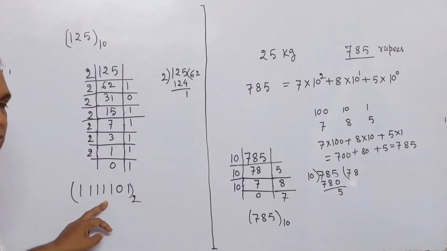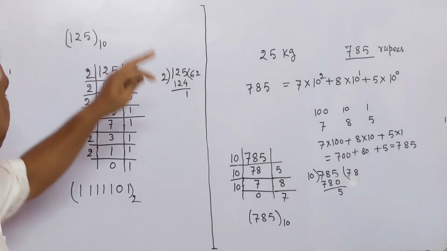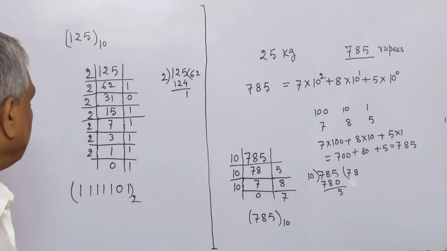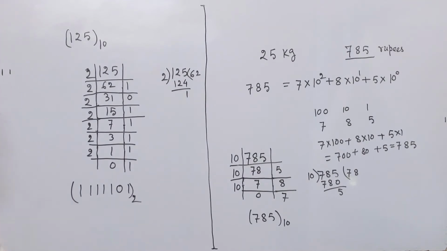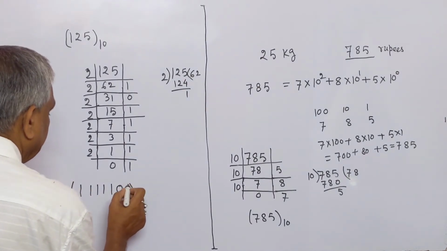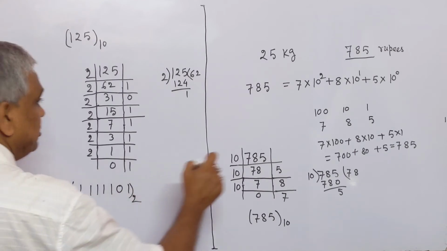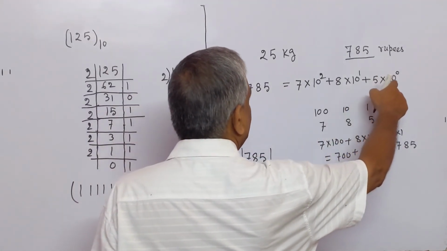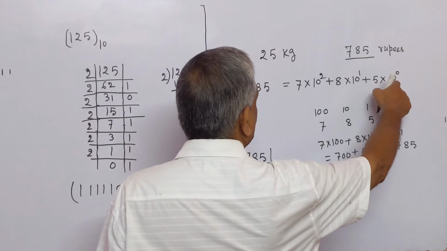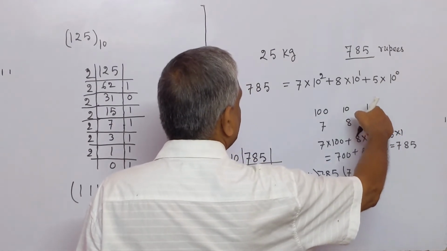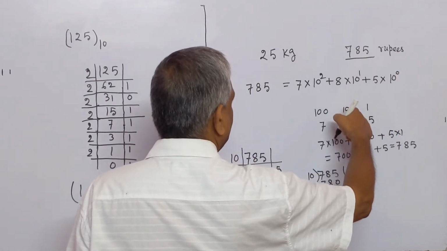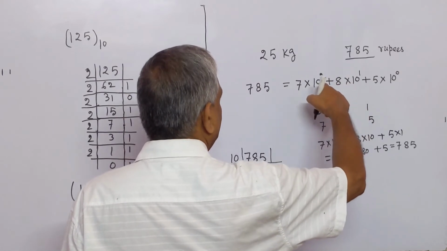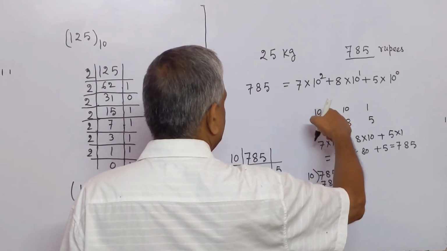If we check whether this is equal to 125 in decimal system or not, we see that here in the first place, similar to here 10 to the power 0, that is 1, then 10 to the power 1, 10, here 10 to the power 2, that is 100.